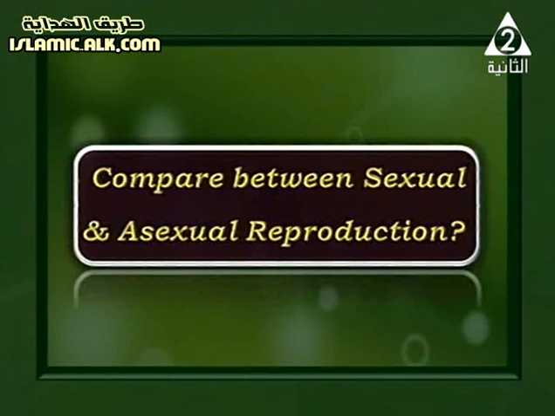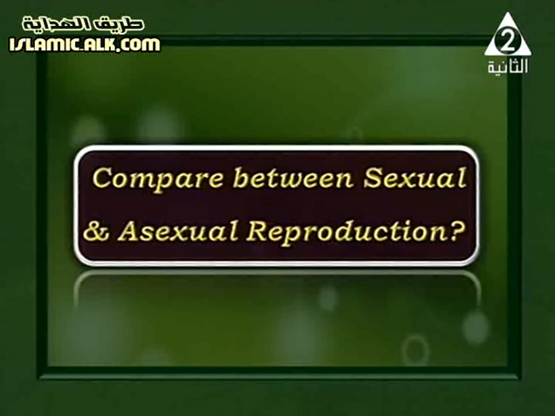I need you to compare between sexual and asexual reproduction, because it's very important to differentiate between them after studying all those types, like sclerotiform, sexual, and lateral conjugation in Spirogyra, and after that the alternation of generation.